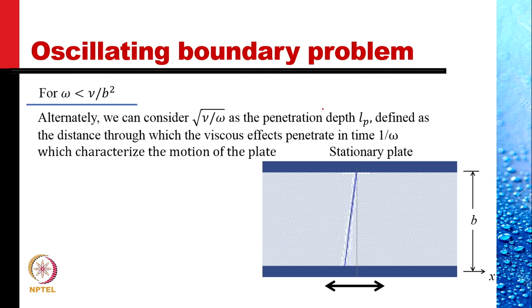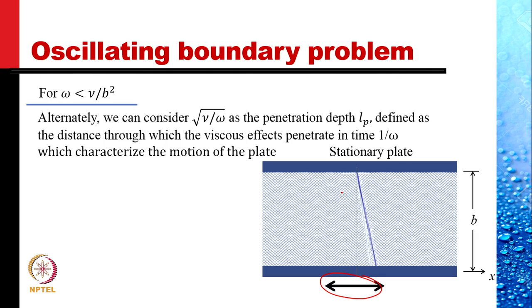That is, in the time of one cycle of the lower plate, how far does the effect of the lower plate motion penetrate upwards? The penetration depth. Within one cycle, how far does the effect penetrate?